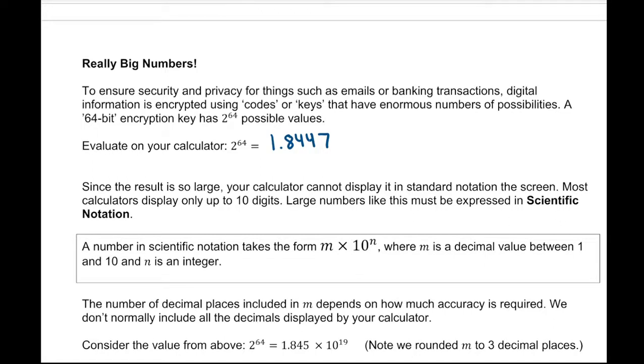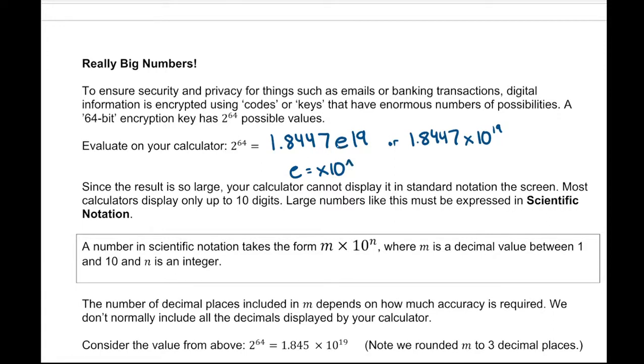Depending on what it says, it might say E19, or 1.8447 times 10 to the power of 19. Again, depending on your calculator, it might visualize a little bit different. You might actually see the exponent of 19. The E in this case just means multiplied by 10 to the power of whatever number comes next.